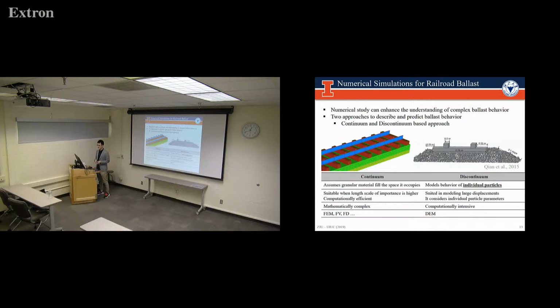It is usually computationally efficient, but mathematically it will be complex. The discontinuum approach can model the behavior of individual particles. It is mathematically kind of straightforward, but it will be very time consuming to do the computation. This is what we usually refer to as DEM.